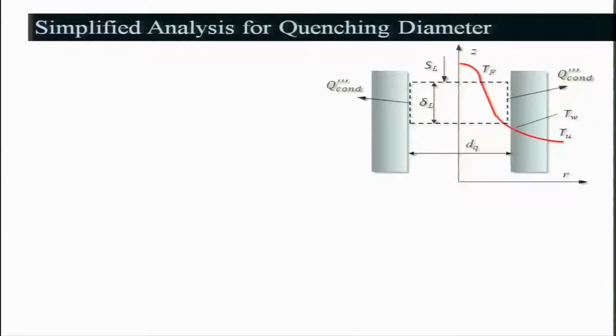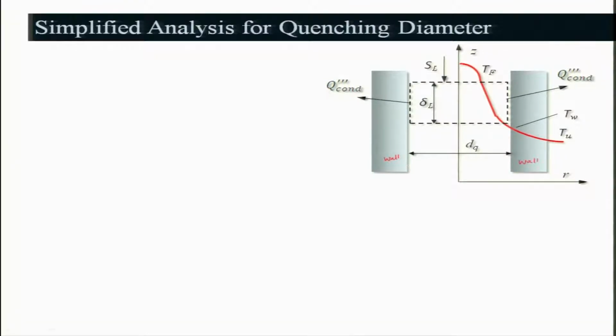So, we always talk about a quenching distance kind of thing, where the flame is entering into a tube. This is the wall of the tube, it is basically a tube.